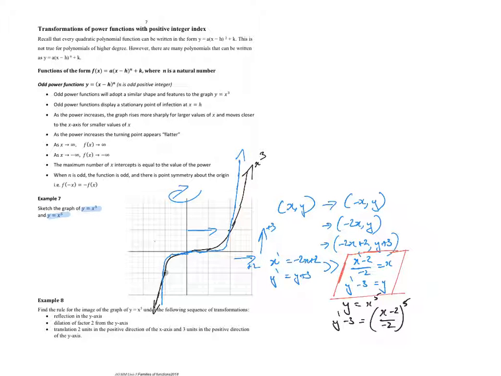So tidy up the fraction: y is equal to x minus 2 to the 5, and I've got 1 over negative 2 to the 5 also, plus 3. So y equals minus 1 on 32 times x minus 2 to the 5, plus 3.